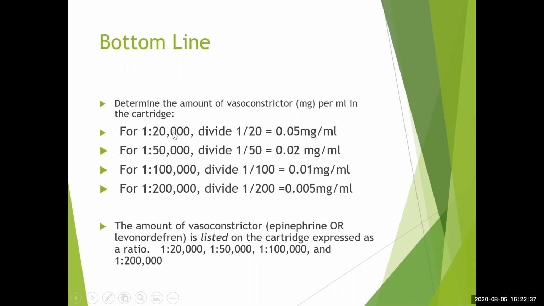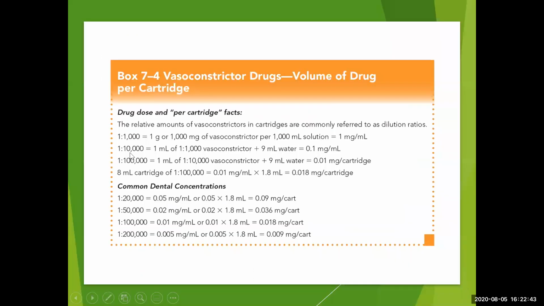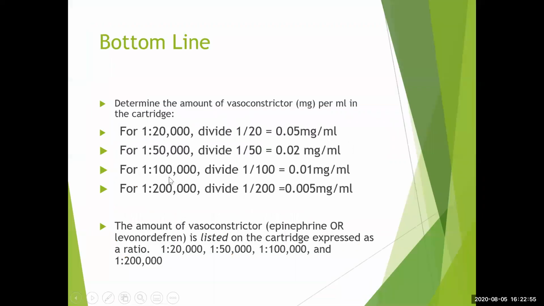So, 1 to 20,000, 0.05 milligrams per milliliter. And if we go back to that previous slide, we see that 1 to 20,000, we have 0.05 milligrams per milliliter. 1 to 50,000, we have 0.02 milligrams per milliliter. And 1 to 50,000, 1 divided by 50 is 0.02 milligrams per milliliter.